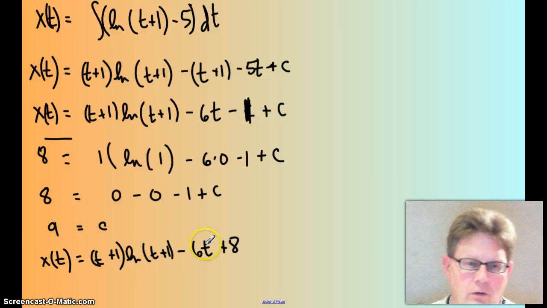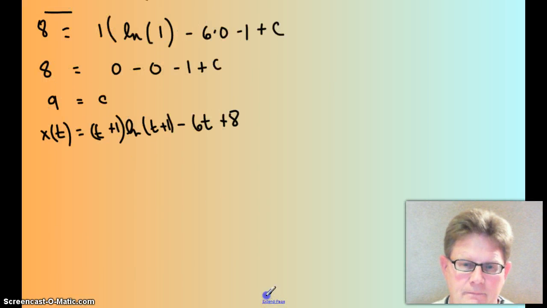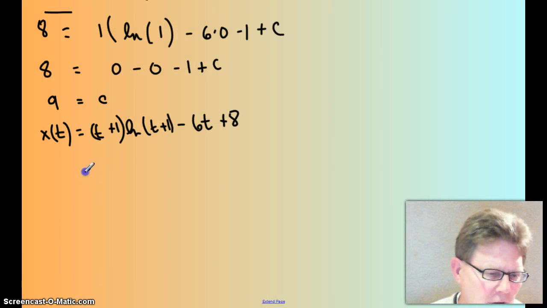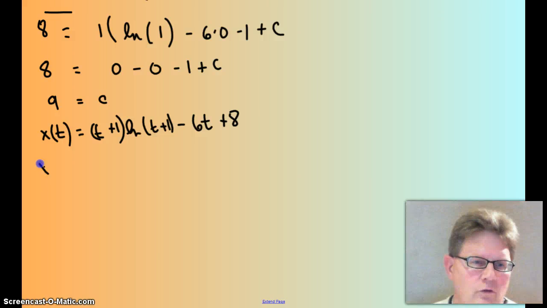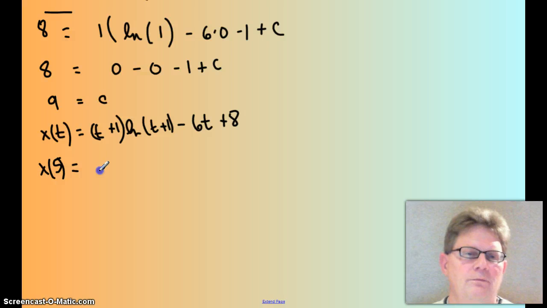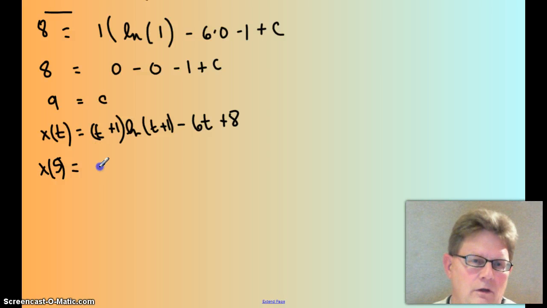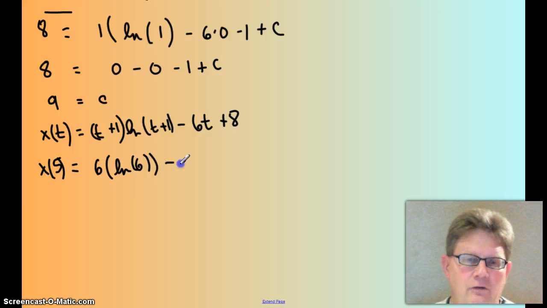You want to find out what x of 5 is. So x of 5, the position function at 5, equals 6 times the ln of 6, minus 30 plus 8.